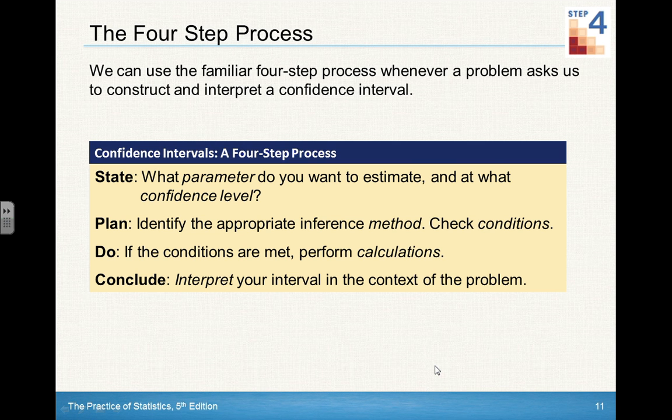Do it. If the conditions are met, perform the calculations. Now, I would say even if the conditions aren't met, go ahead and perform the calculations and throw in the caveat that you're not real sure about this because some conditions weren't met. And finally, interpret your interval in context of the problem. Don't forget to put it in context of the problem. That's important.